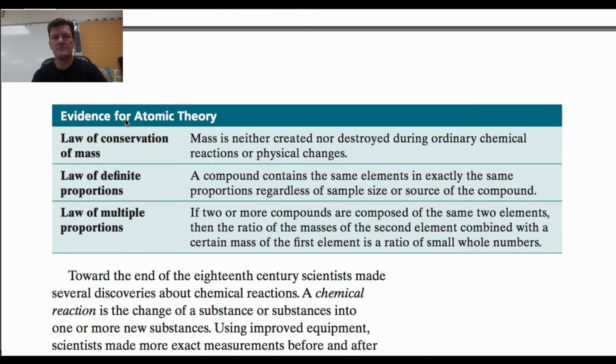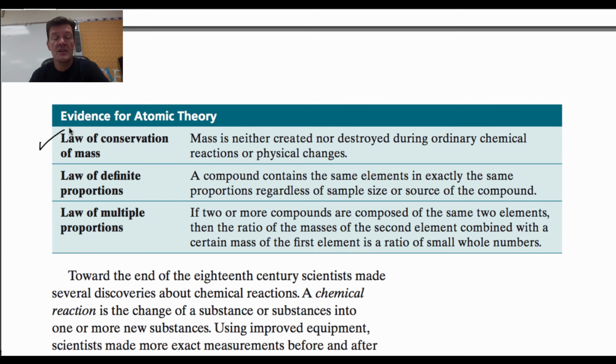Here's the first one. It is called the law of conservation of mass. Basically, what it's saying is an atom, since it's the basic building block of matter, you're not going to be able to destroy or create new ones during a chemical reaction.